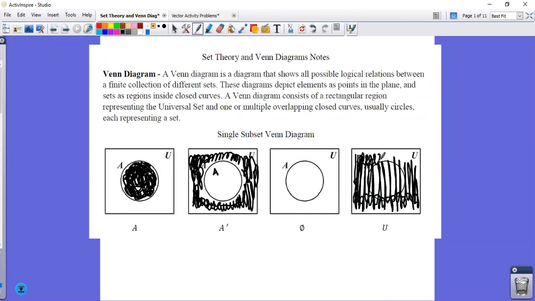If your final answer has the entire thing shaded, then you'll know that's the universal set. And if nothing is shaded at all, then that's the null set. So those are the four basic ways to shade a Venn diagram when there's just one subset inside the universal set.